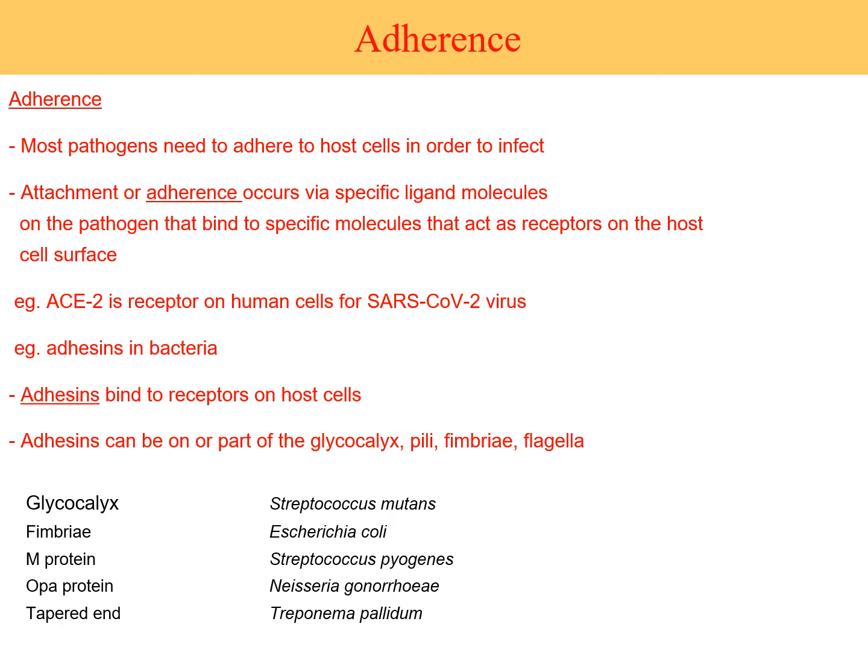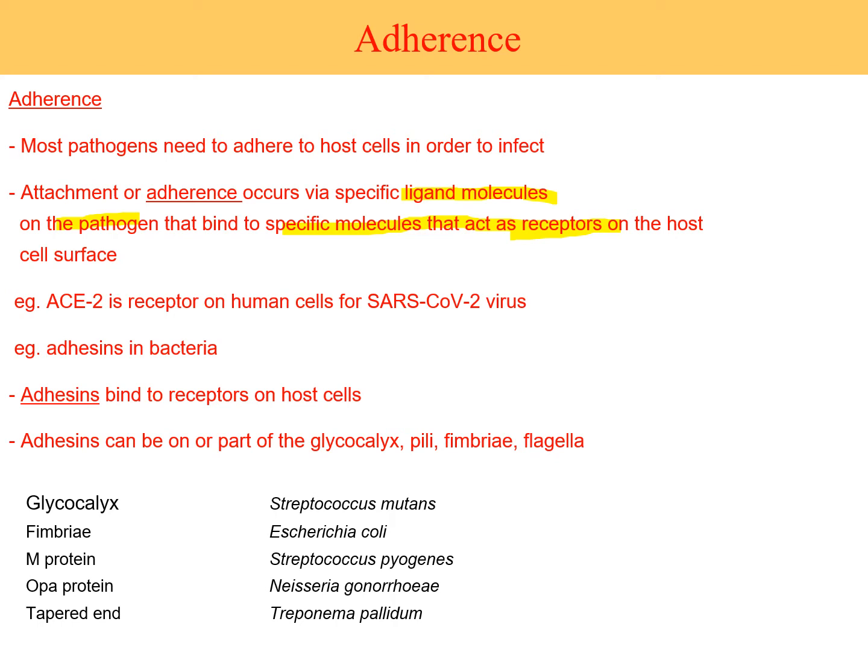Remember, binding in biological systems is often specific and involves a ligand molecule and a specific receptor molecule. So on the pathogen you have the ligand, and on the target cell that can get infected you have the target molecule acting as a receptor.